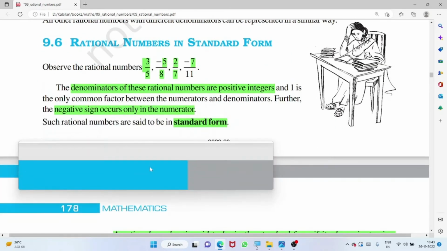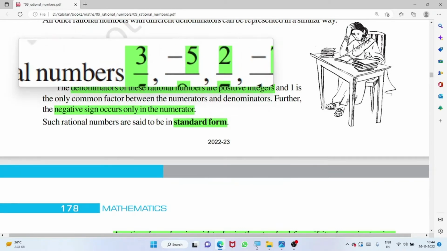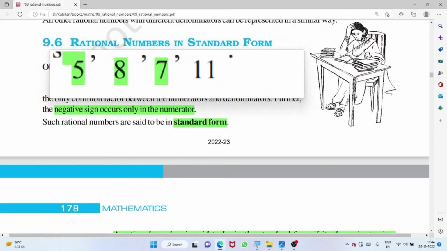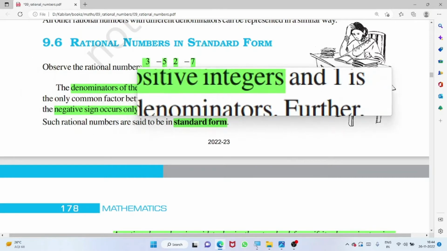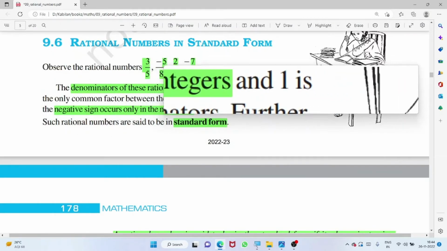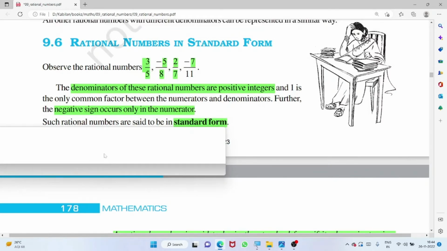In the standard form, you see the negative sign is on the numerator only, not the denominator. The denominator of these rational numbers is a positive integer, and 1 is the only common factor between the numerator and denominator.